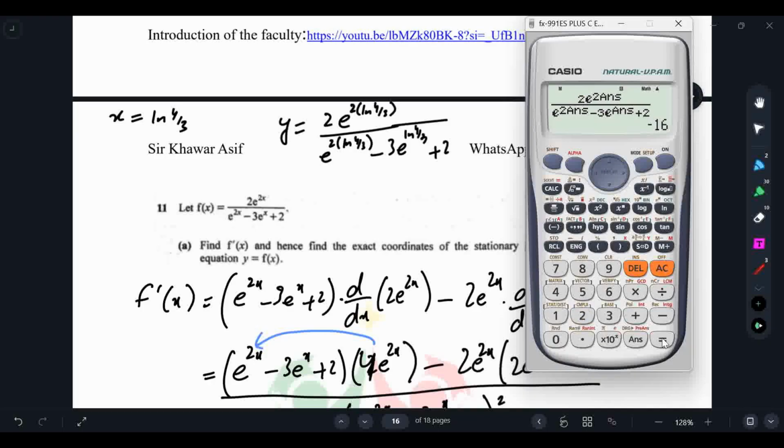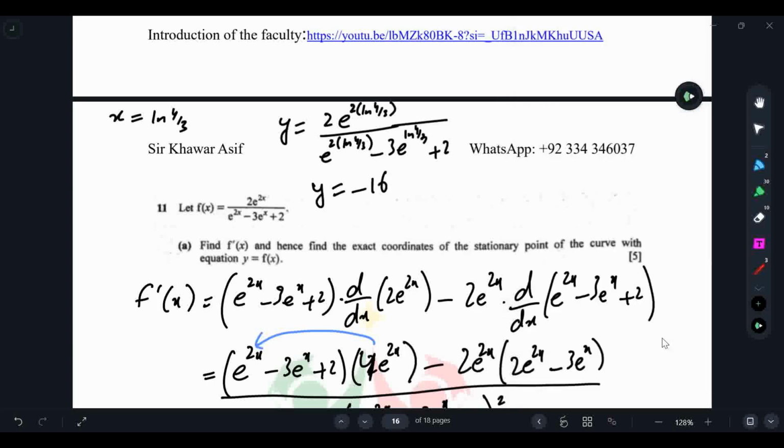So this will be equal to minus 16. So we can say that the y coordinate will be minus 16.